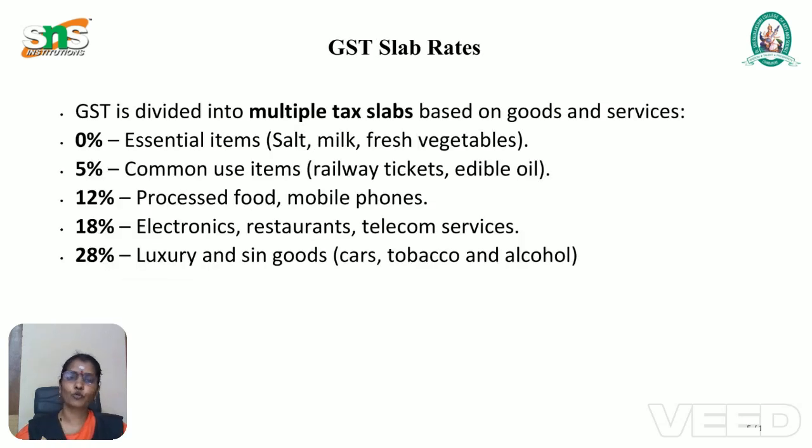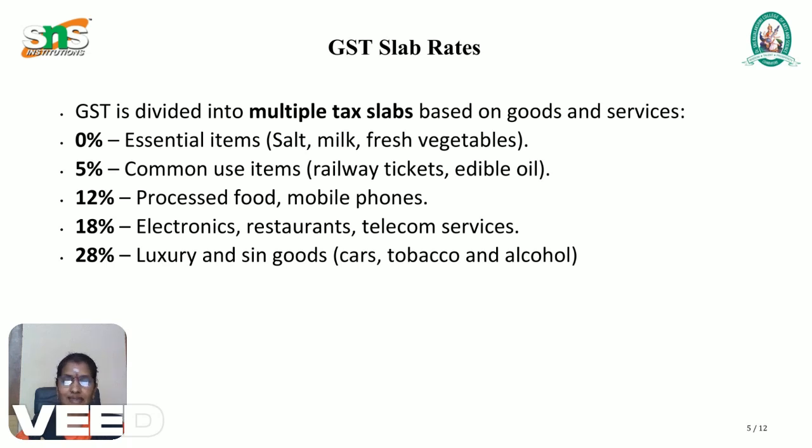Next we move to the important slab rates. As I already told you, multiple slab rates are followed under the GST. Suppose 0% we take as essential items, and 5% is fixed for some common use items, and 12% is for processed food and mobile phones.